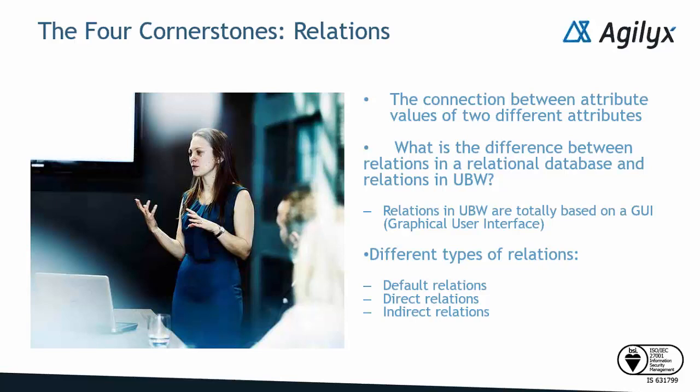And there are different types of relations. You could have default relations, direct relations, and indirect relations. Default relation would be, for example, supplier to supplier group, customer to customer group, product to product group. These are your default relations, which are already defined in the system for you, which helps you in reporting or in any other inquiries that you do.